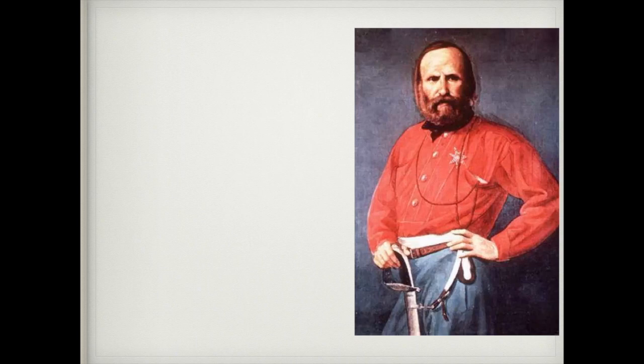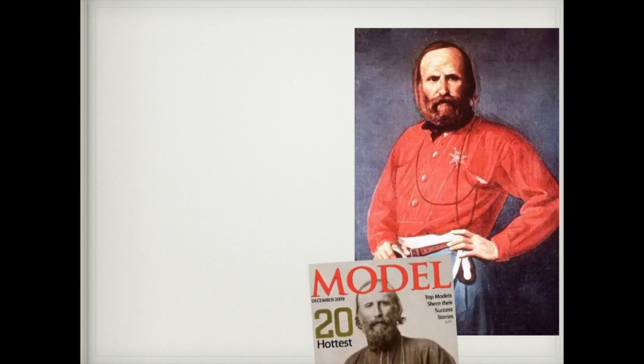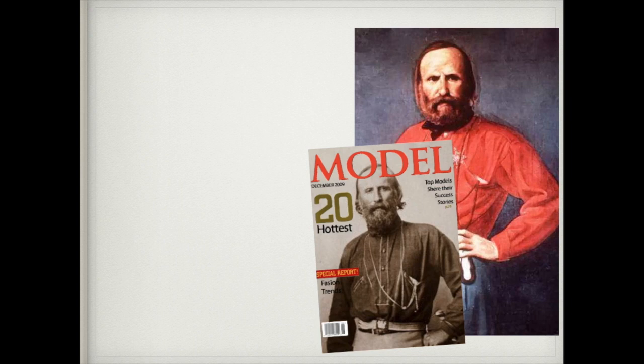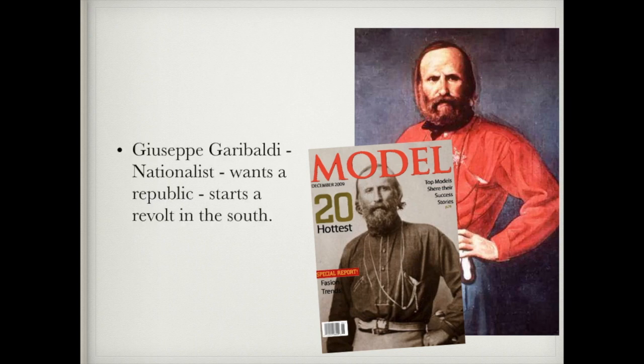In the south, unification was also growing, and it was led by this very fashionable Italian, Giuseppe Garibaldi. Okay, he is also a nationalist. He is looking for unification of Italy, but he doesn't really agree with Victor Emmanuel, who wants to make it a monarchy. Garibaldi wants to unite all of Italy together as a republic.